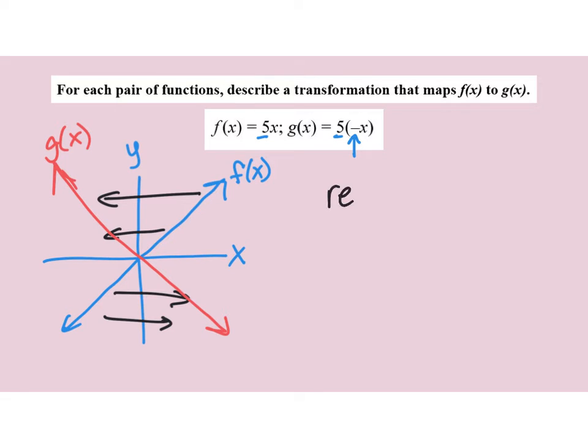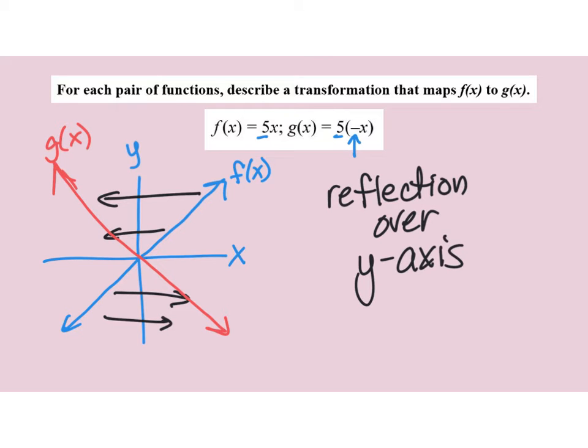So this would be a reflection over the y-axis. I'm not using Desmos in this case because when you use Desmos, it's kind of hard to see what's actually happening. That's why I'm doing it by hand today. Okay.